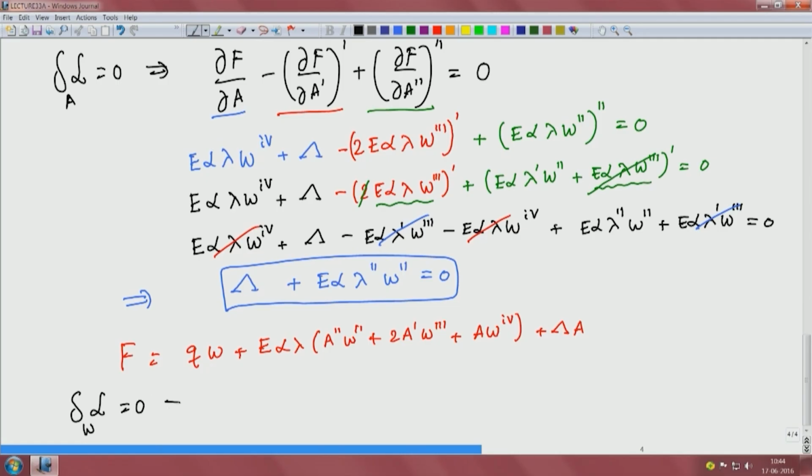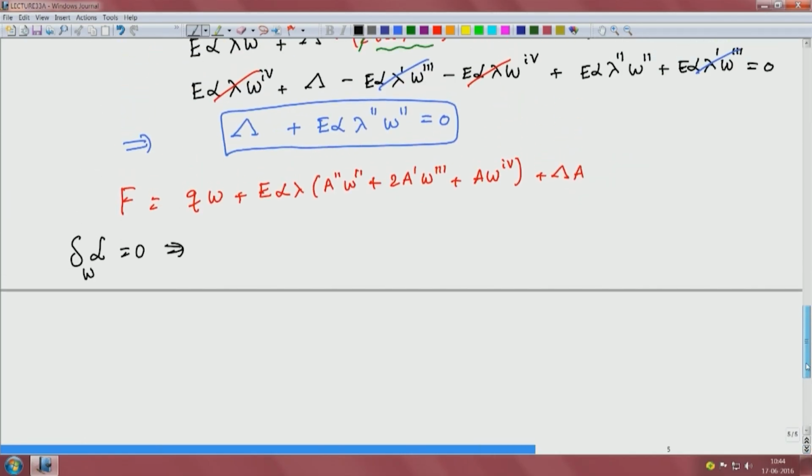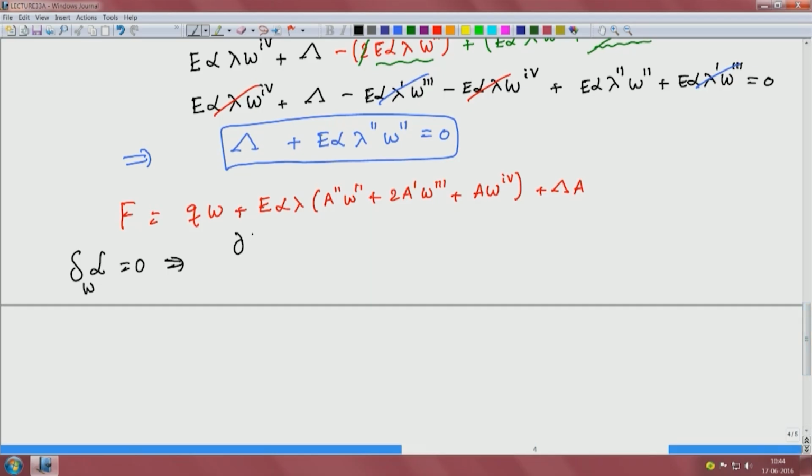So, once we have it, when we write the variation of the Lagrangian with respect to w equal to 0, our Euler-Lagrange equation will be dou f by dou w, we have that term here, minus dou f by dou w prime, that is not there, w prime is not there, plus dou f by dou w double prime, we have double prime here.